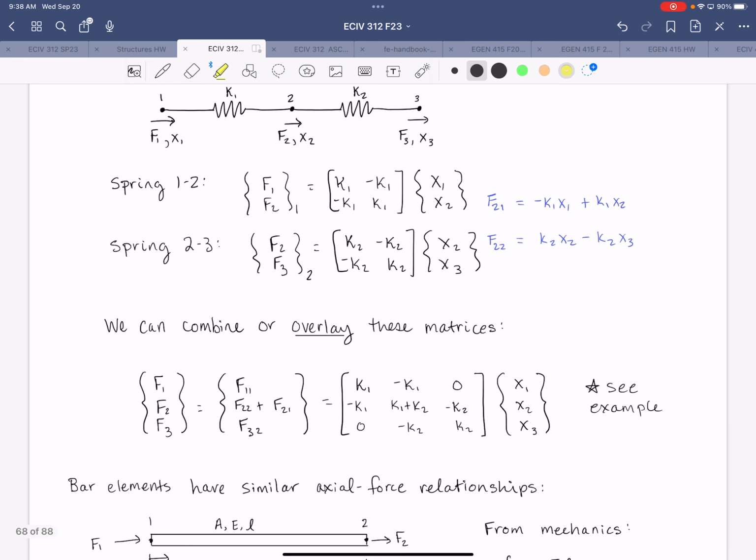So then in the overlay, we have F22 plus F21 is equal to negative K1 times x1, plus K1x2 plus K2x2, and then minus K2x3.